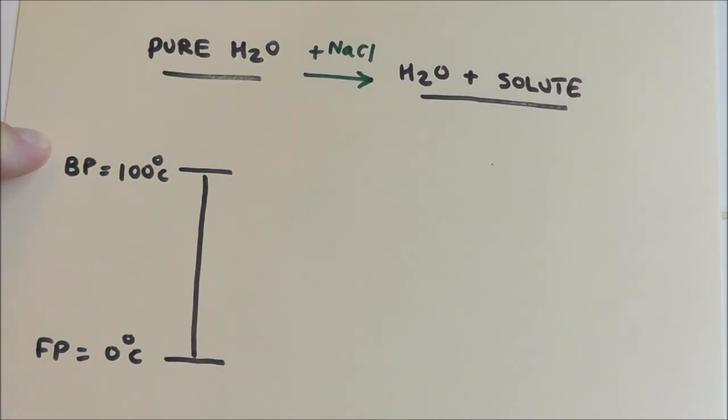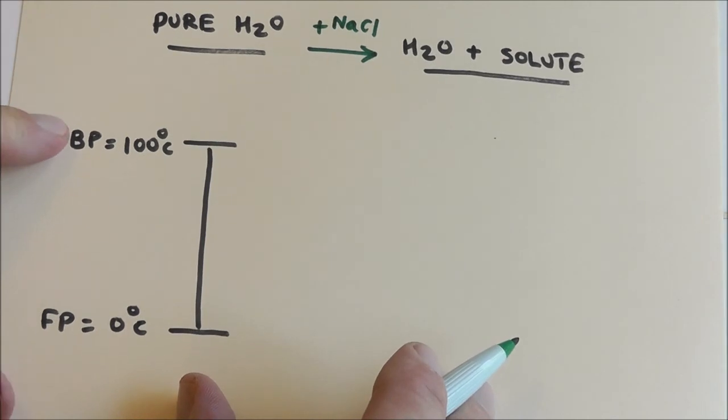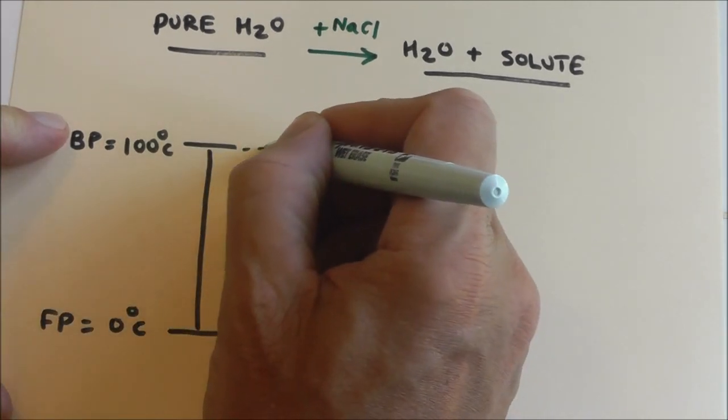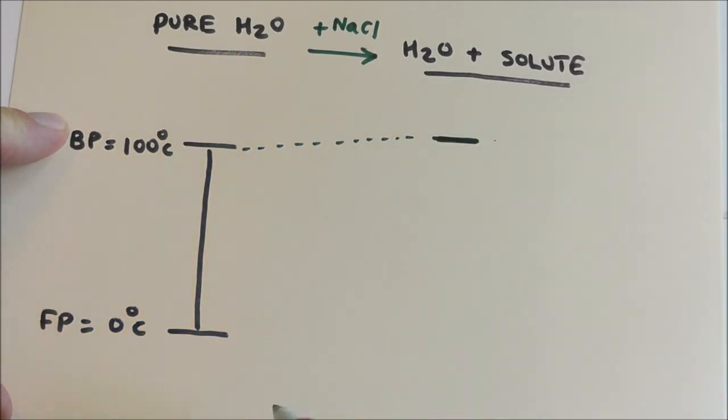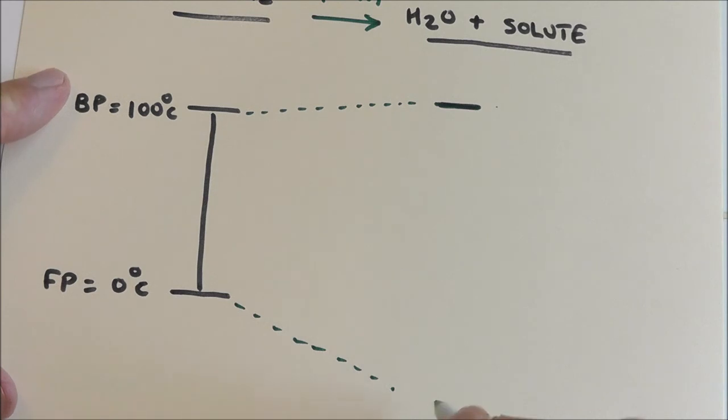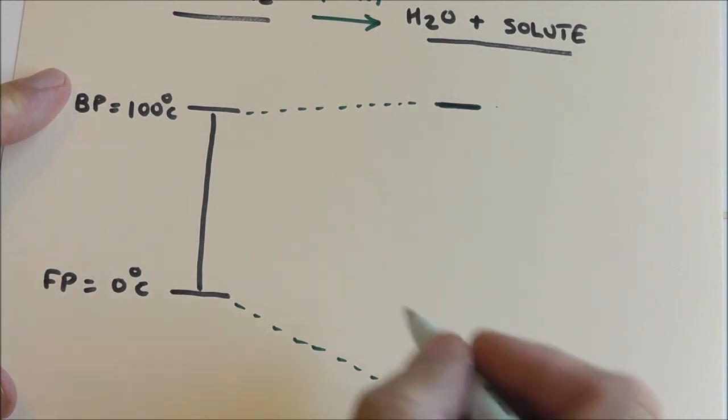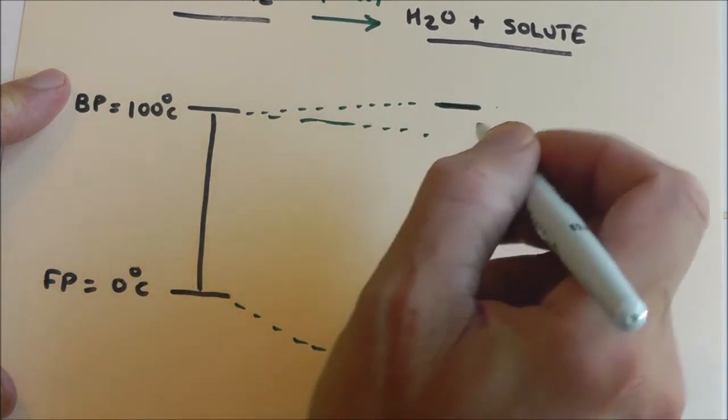And what's going to happen? Well, I'll do the boiling point first. The boiling point's going to go up. And the freezing point is going to go down. And so we have this new kind of fangled thing here.